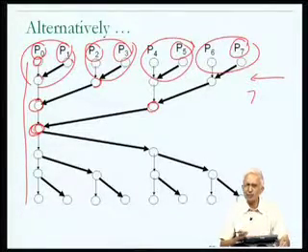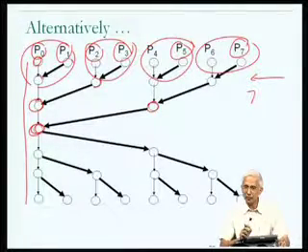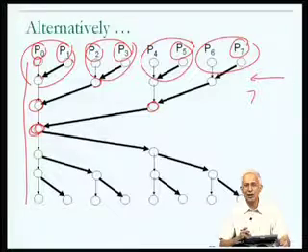So we may not have reduced the number of messages that have to be communicated. We still have 7 messages to be communicated in the upper half and 7 messages in the lower half, but the amount of time for the message communications to happen has been cut down because of the parallelism that is exploited.